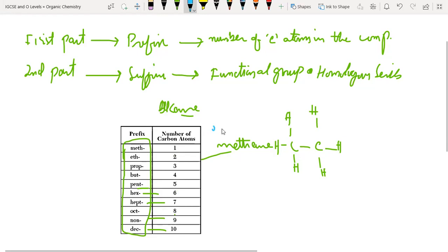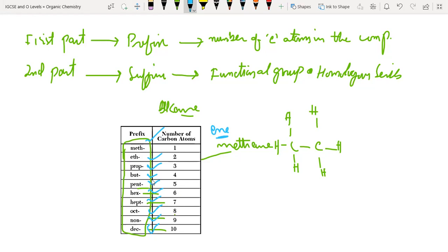The rest of the name will be used from the prefix: ethene, propene, butene, pentene, hexene, heptene, octene, nonene, decene. I have left something here. I want a question from your side on this, what I have left here.